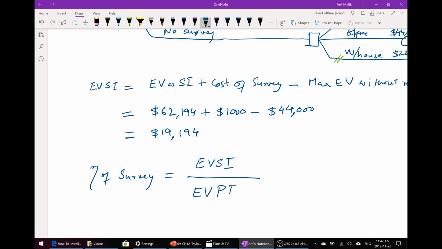So here, $19,194 divided by, and as I recall, expected value of perfect information was $28,000.